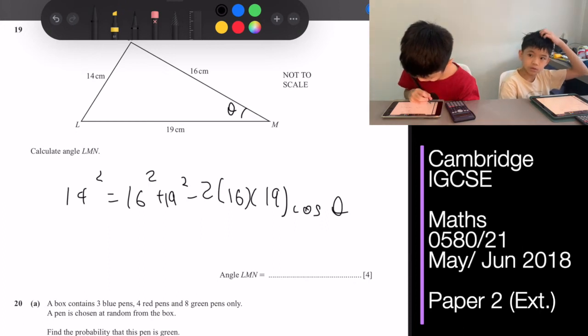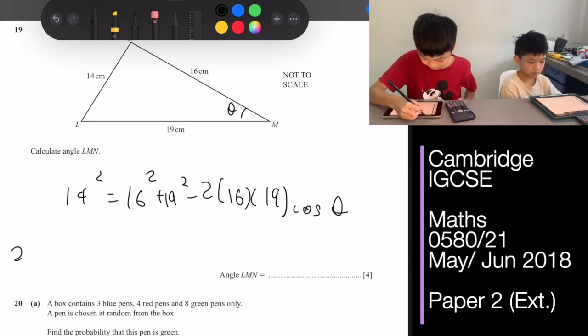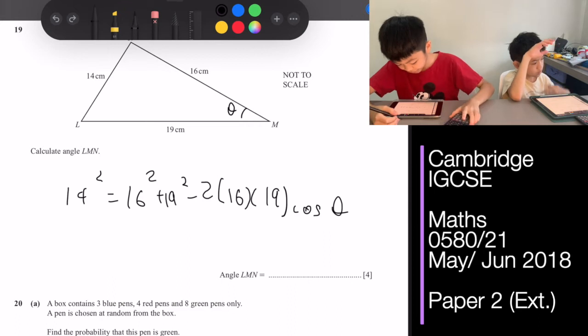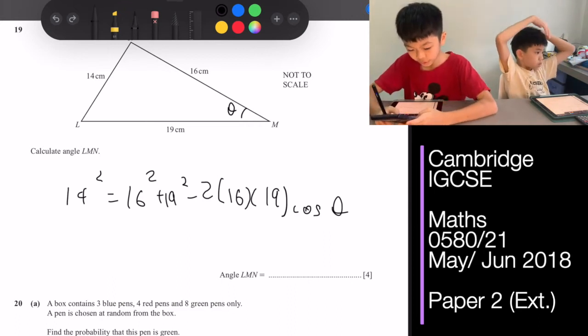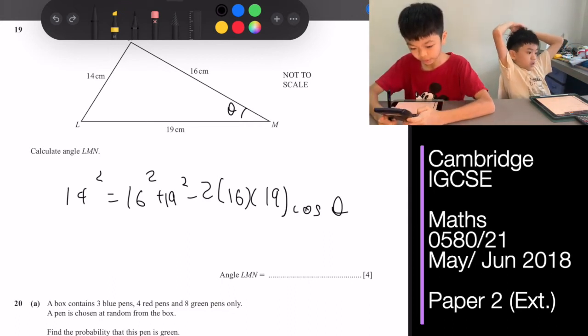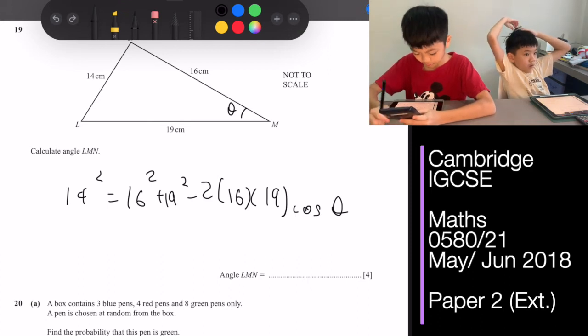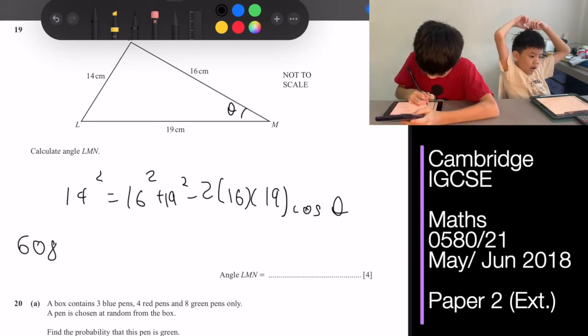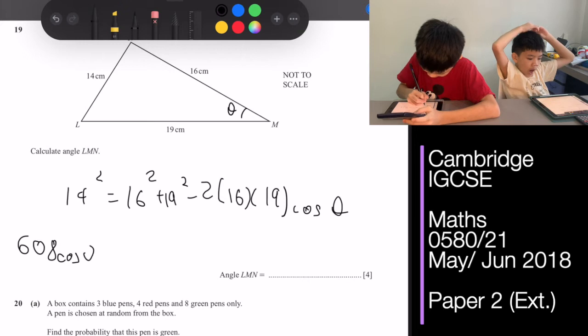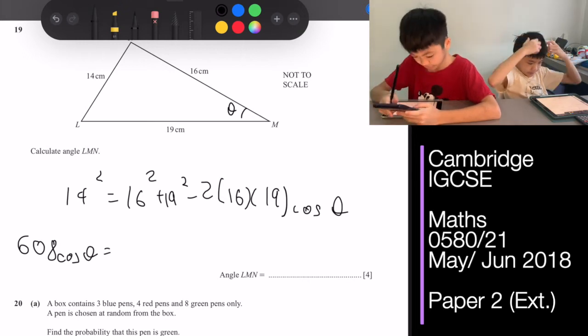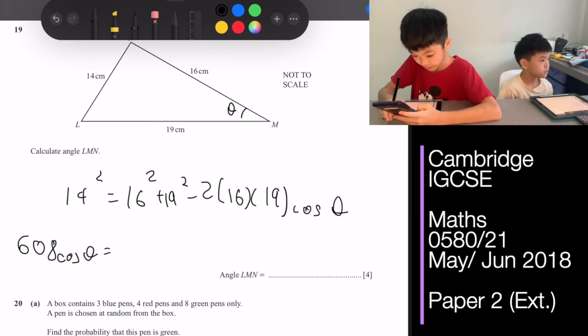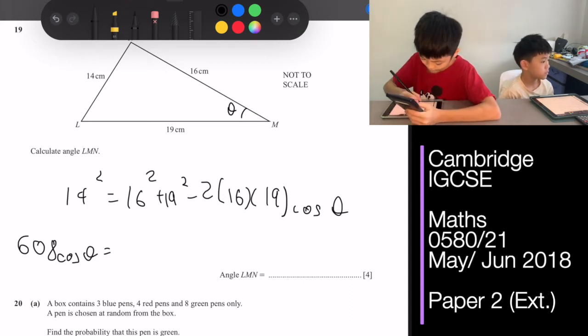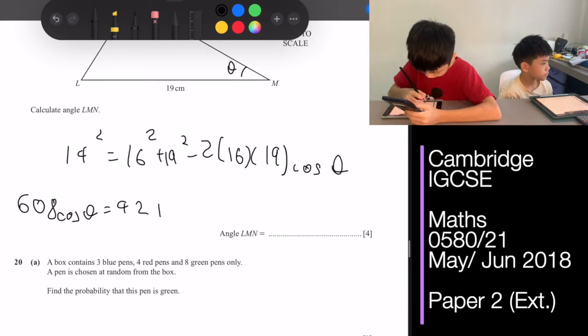Okay, shift them all. So 2 times 16 times 19 is 608 cosine theta, which equals 16 squared plus 19 squared minus 14 squared, which is 421.